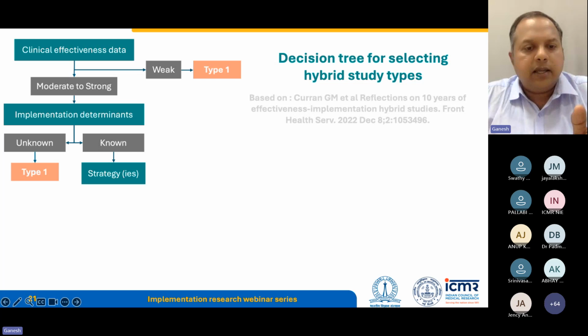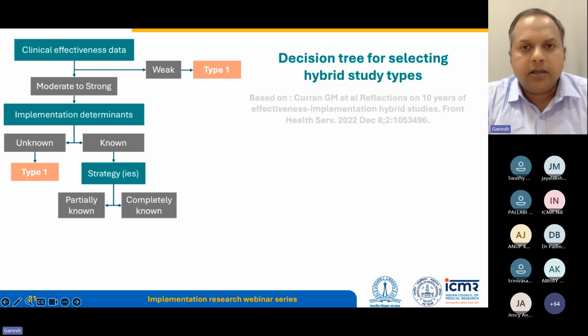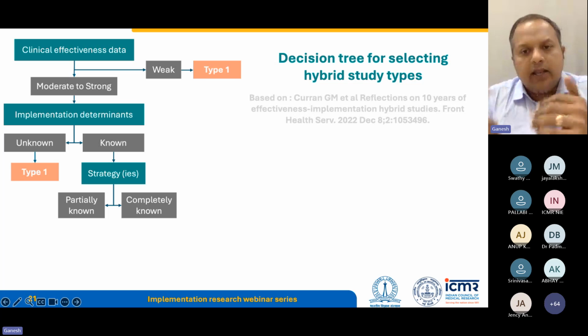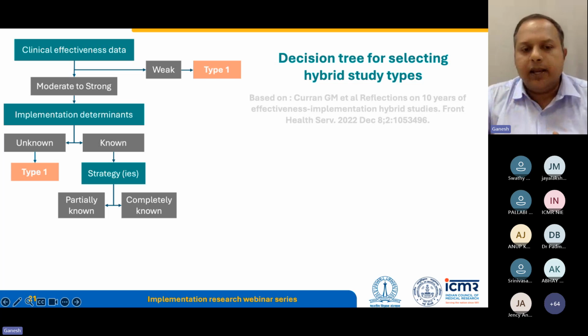For that particular strategy, whether it is completely known or partially known, which means whether there is sufficient evidence that doorstep delivery of drugs improves medication adherence so that control could be achieved. If you see that tree, you can clearly link.